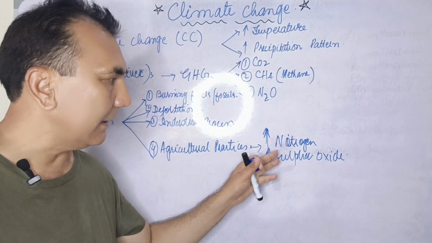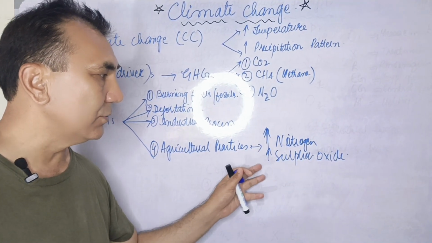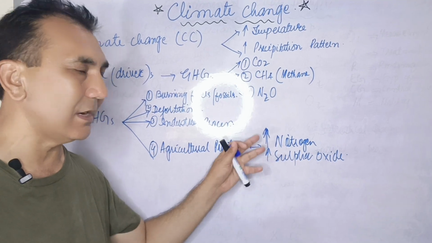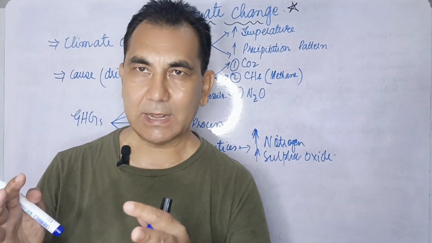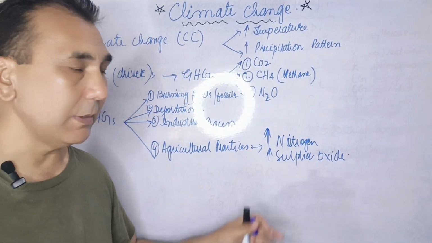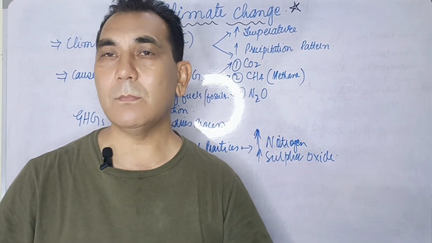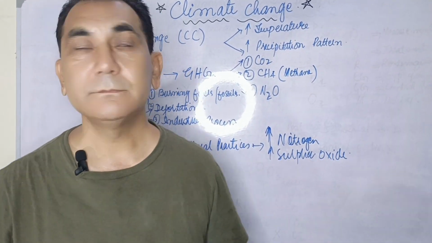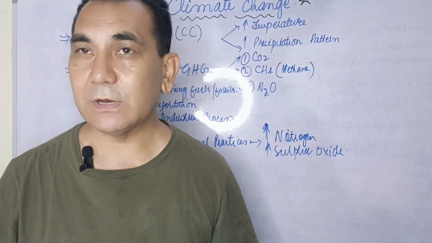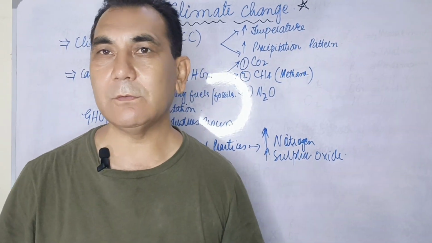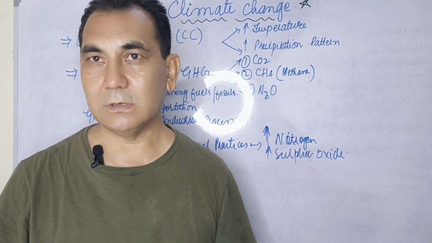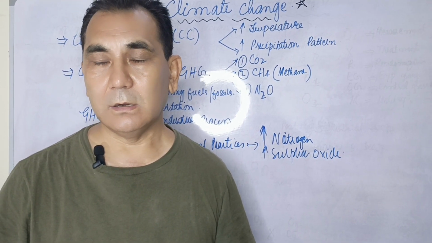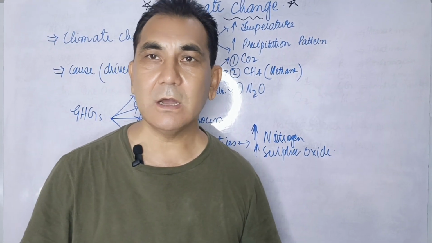So ultimately the increased use of nitrogen, fertilizer, sulfur oxide and pesticide again means more emissions in the atmosphere, which affects the greenhouse effect in the atmosphere.